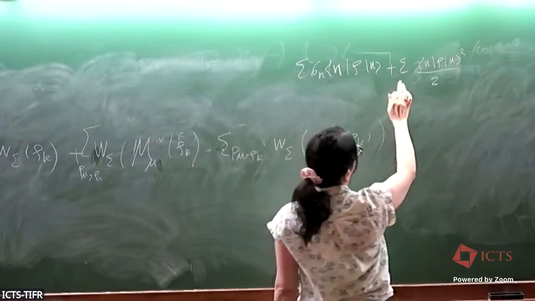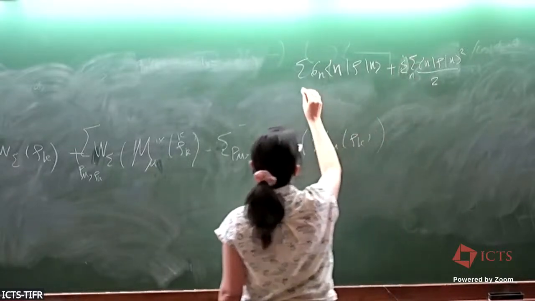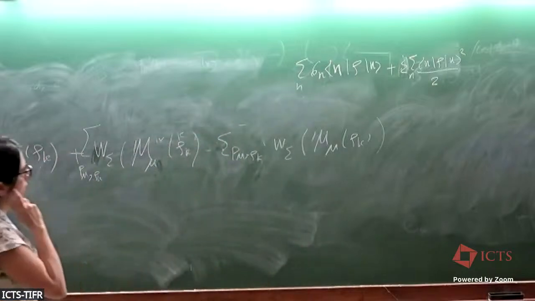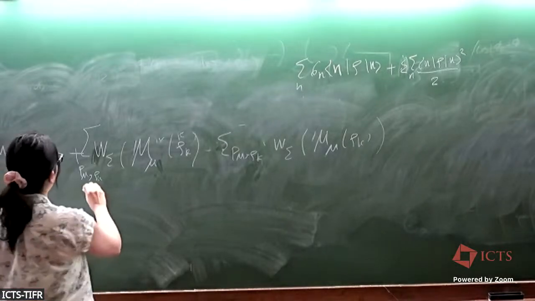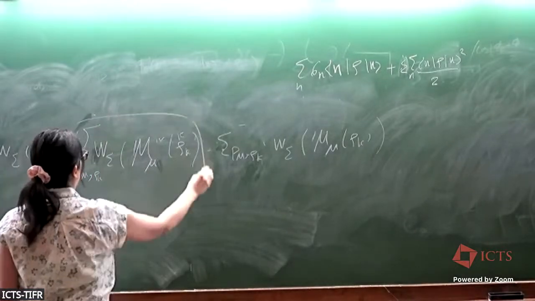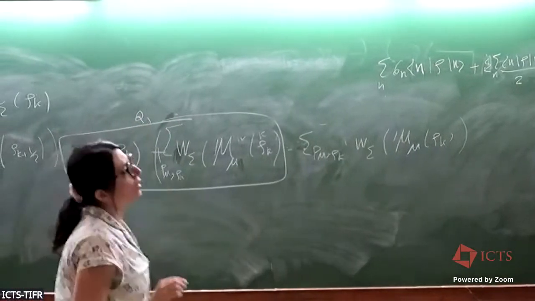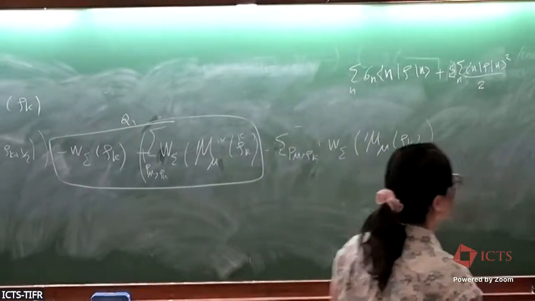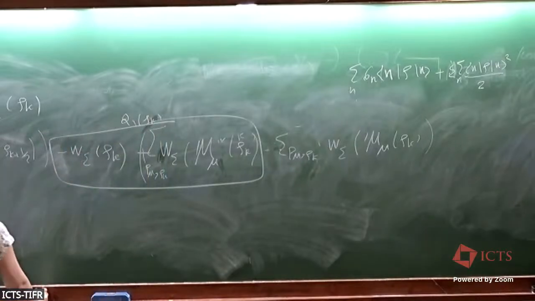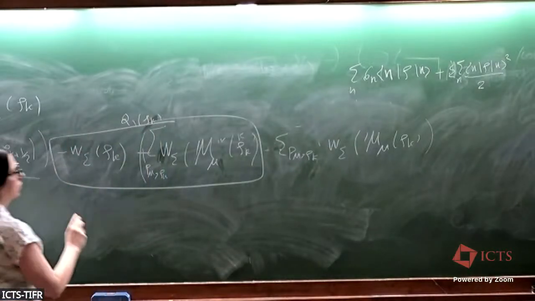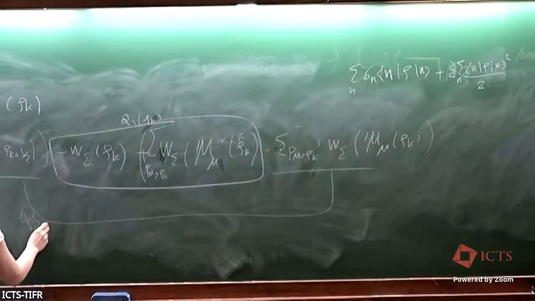Sigma sum of this epsilon. In fact, I will consider these two terms together, and I will call it Q1. And you have these other two terms, which I will call Q2, okay? Q2 over.